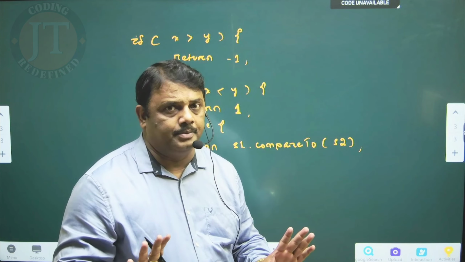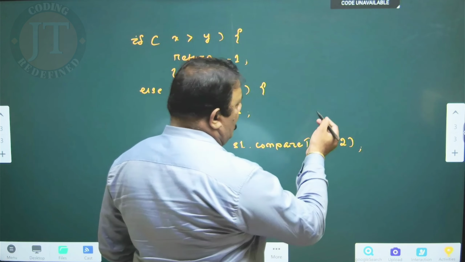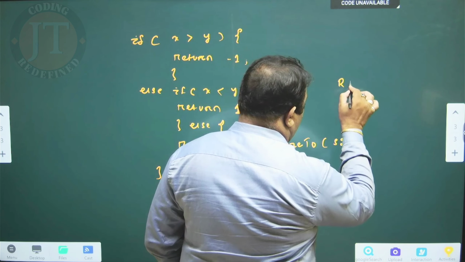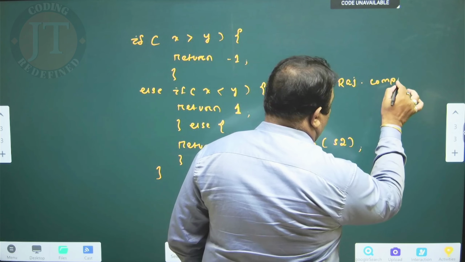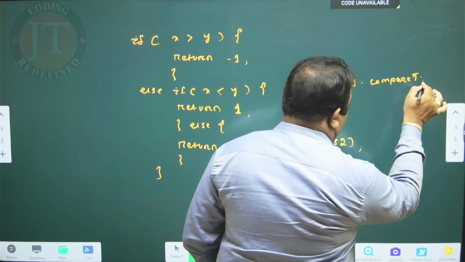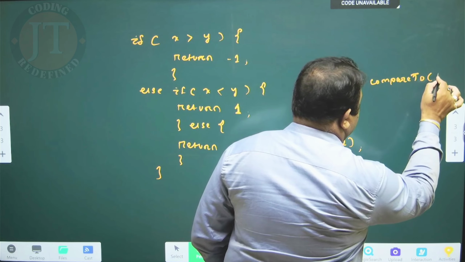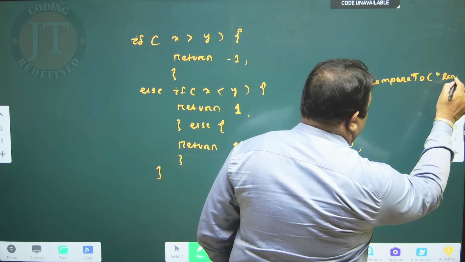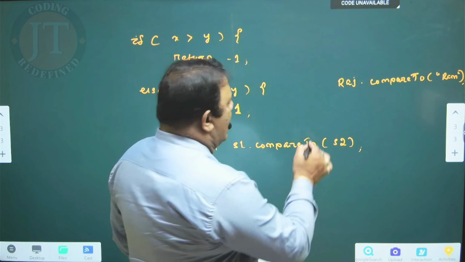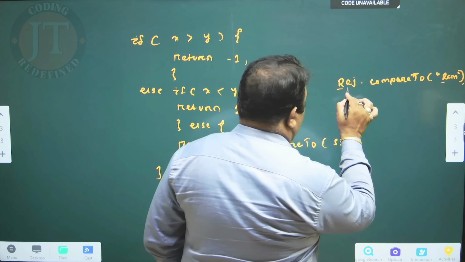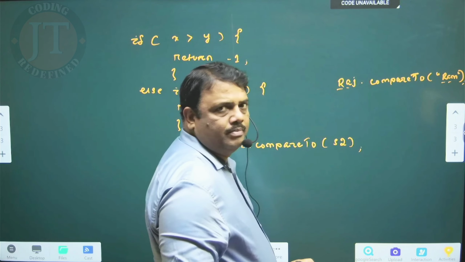Take an example. If I compare "Raj" with compareTo "Ram", here you see it is compared with "Ram". The R ASCII value is the same. The A ASCII value is the same.